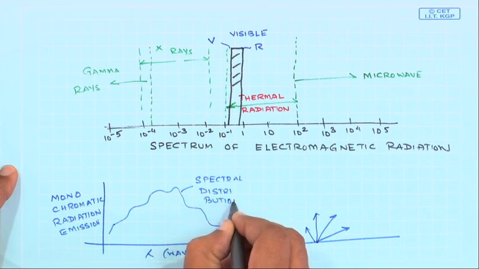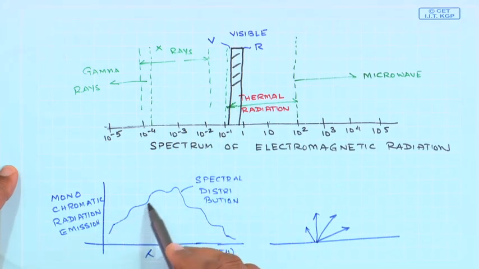What it essentially tells is that you are getting a continuous non-uniform distribution of monochromatic components.